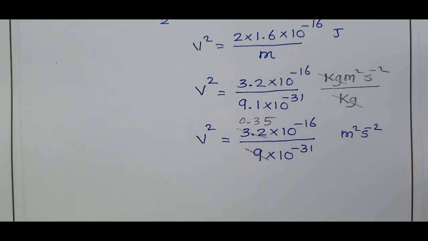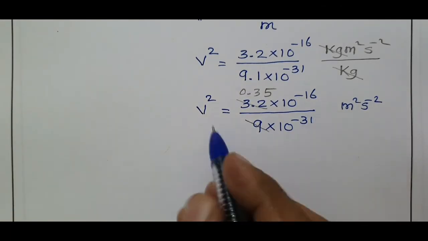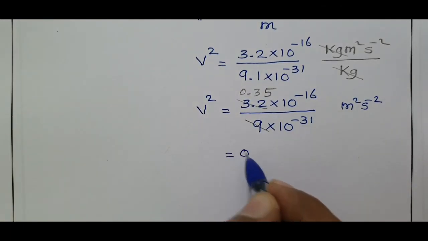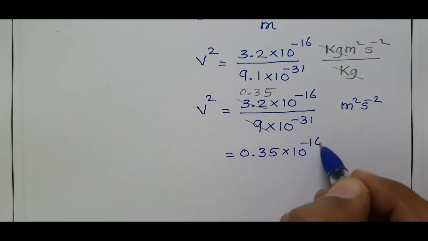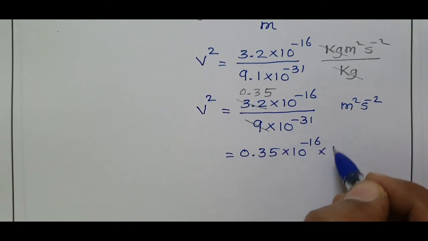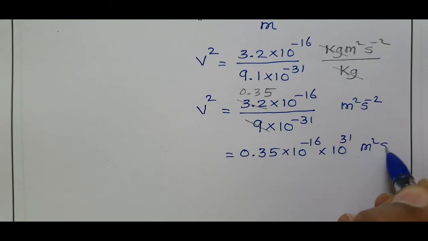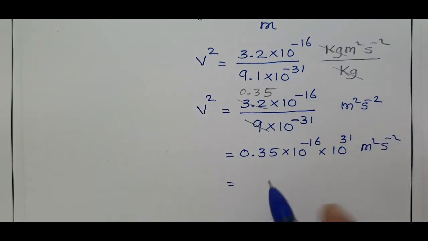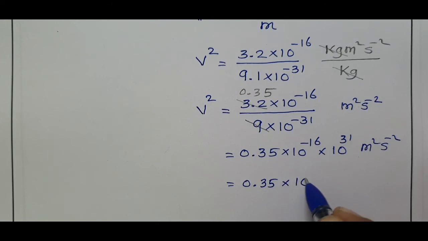That is enough. Now bring the 10 power minus 31 to the numerator. It becomes 0.35 into 10 power minus 16. When you bring this to the numerator, it becomes 10 power 31. Unit is the same, meter squared second power minus 2. That is equal to 0.35 into, when you add these two, 10 power plus 15 meter squared second power minus 2.